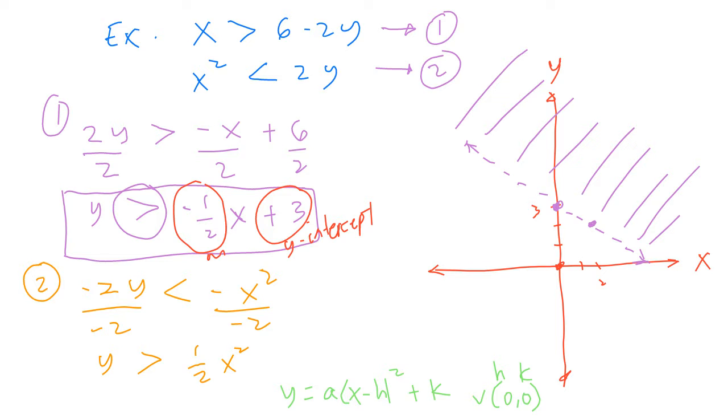So that would be our first point. That should be the vertex is at point of origin. And then we can assign a value for our x here to solve for our y, so we can have other 2 points. So let's say we will have a 2 for our x.